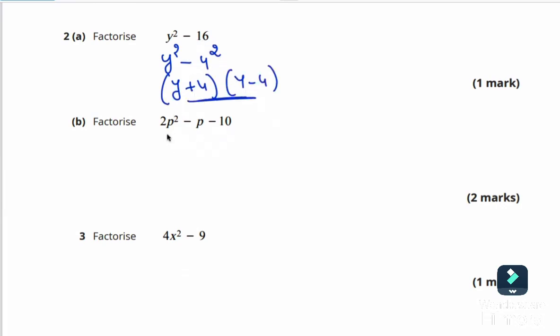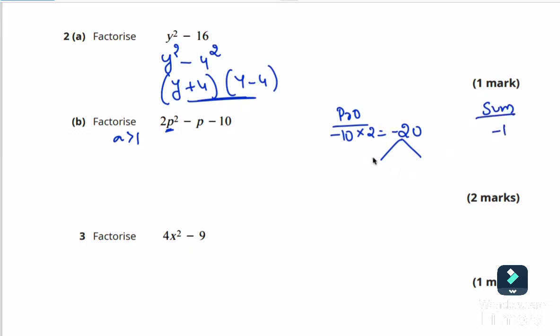So here, we are going to solve this factorizing quadratic equation where the coefficient of p square is a, which is greater than 1. So let's find out our factors first, which are going to be minus 10 into 2, which is going to be minus 20. So we need to get the factors for this so when we add them, we have to get negative 1.